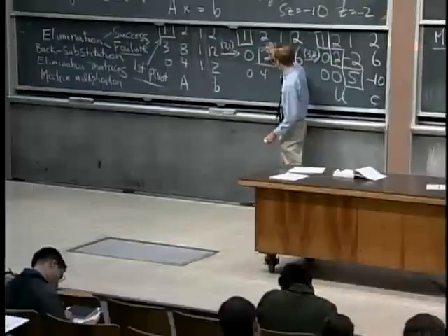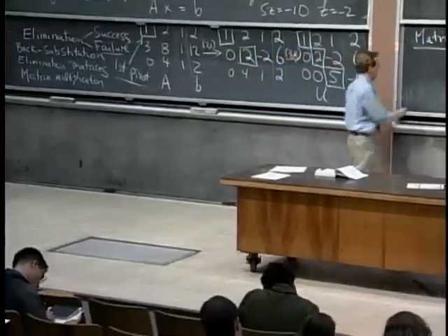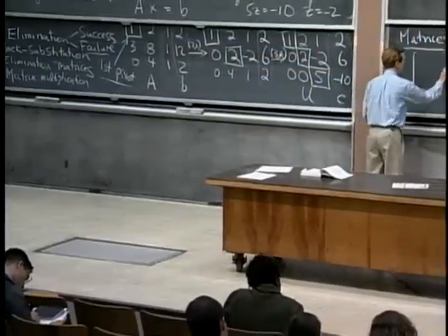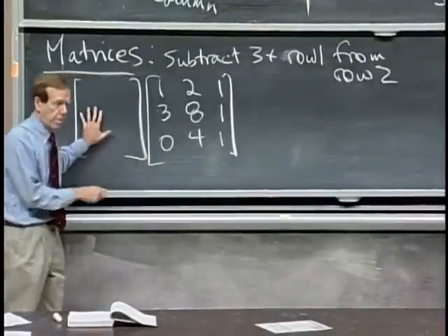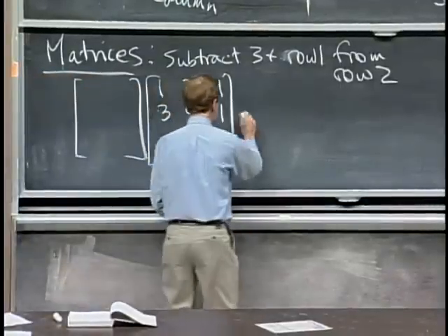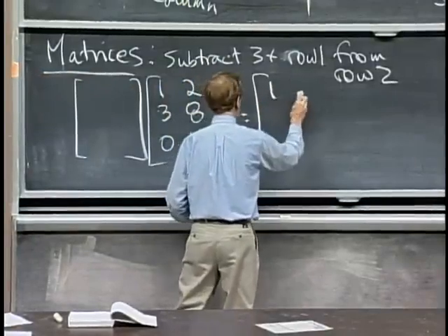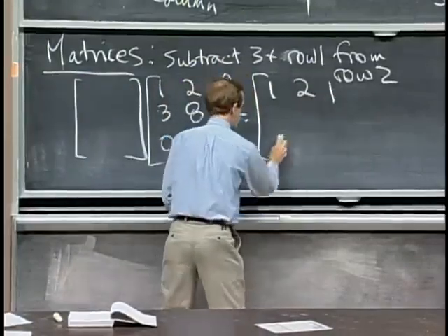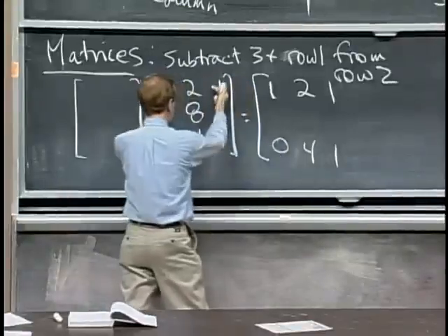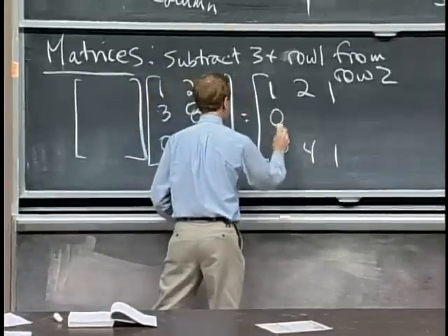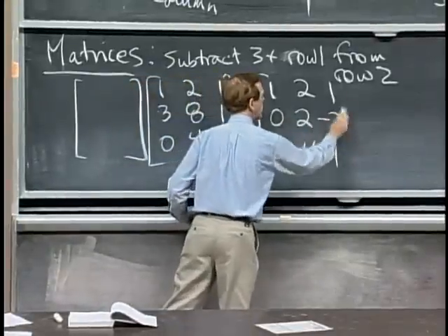The answer is going to be that. It's the matrix that leaves the first row unchanged, leaves the last row unchanged, but takes 3 of these away from this, so it puts a 0 there, a 2 there, and a -2.